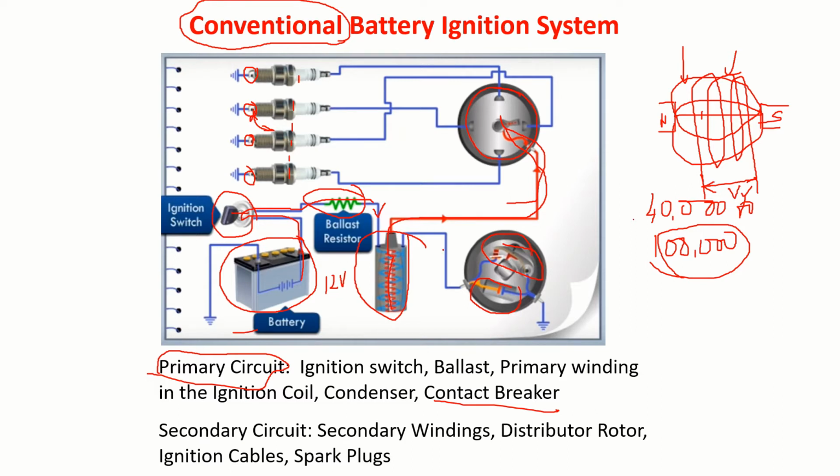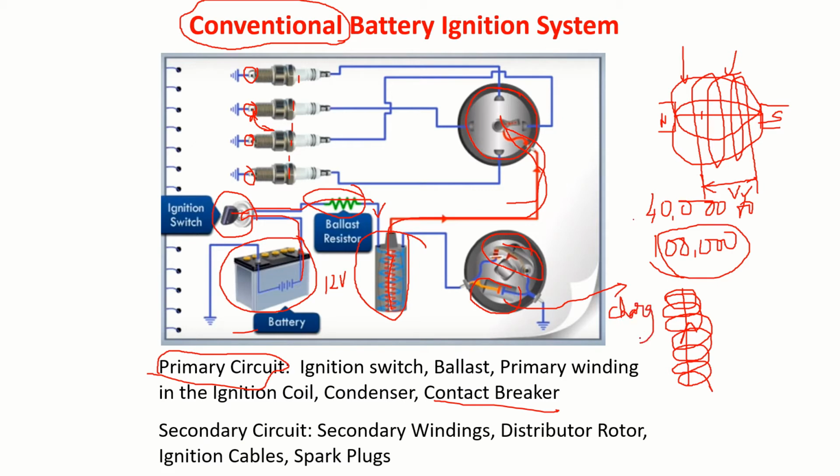You know that when the current passes through a coil like this, the primary coil, a magnetic field will be produced around it. And in the meantime, you can also see that the condenser gets charged.